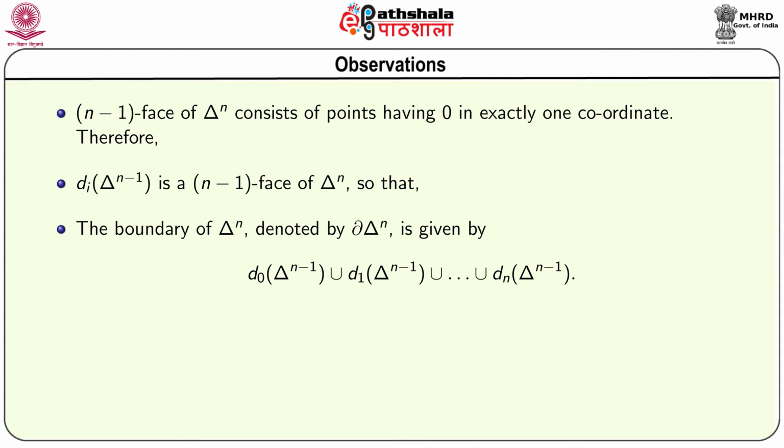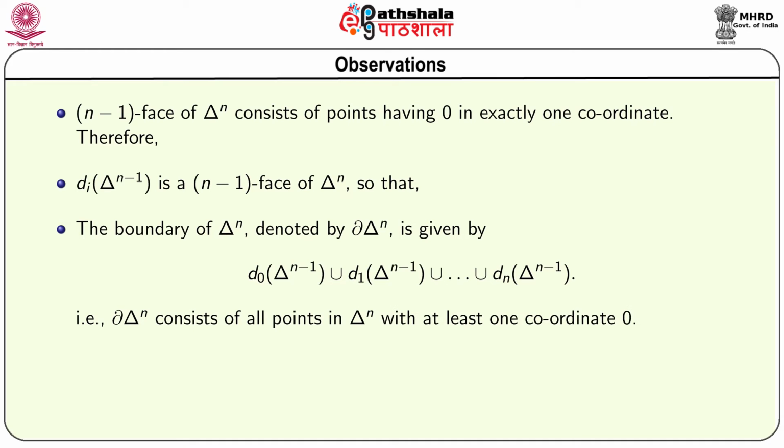The boundary of Δn, denoted by ∂Δn, is given by the union of all these faces, that is d0 Δn−1 ∪ d1 Δn−1 ∪ etc. up to dn Δn−1. So, that means ∂Δn, the boundary of Δn, consists of all points in Δn with at least one coordinate as 0.